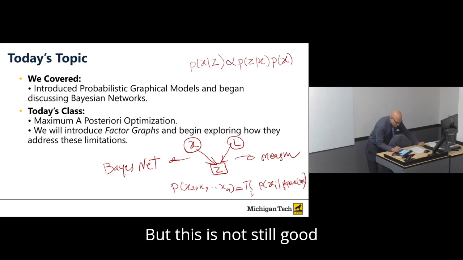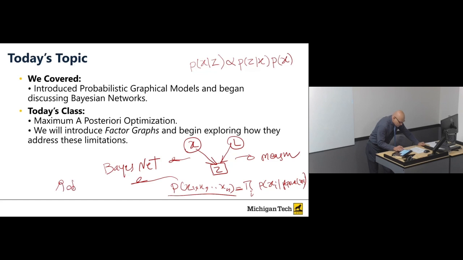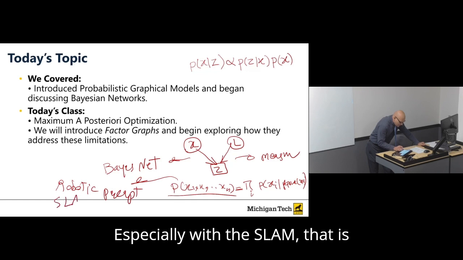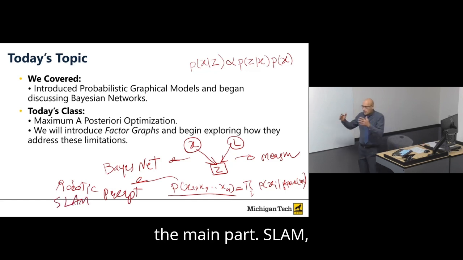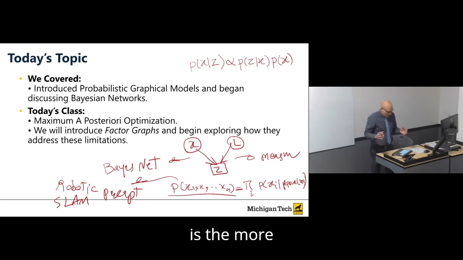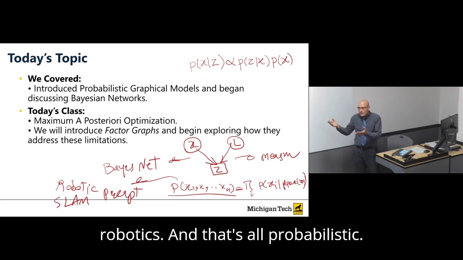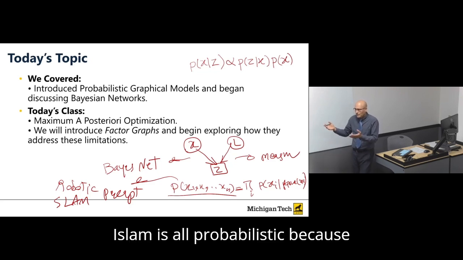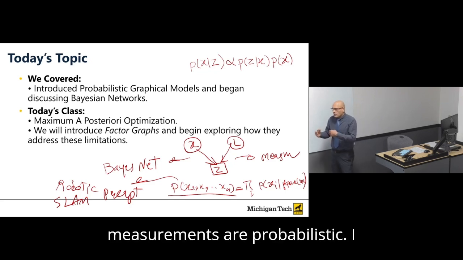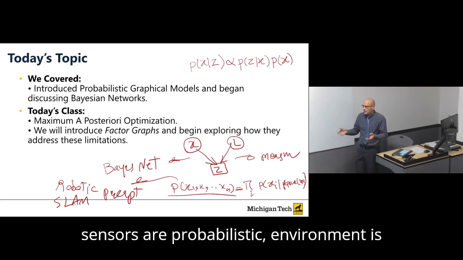But this is still not good enough for robotic perception, especially with SLAM. That is the main part. SLAM, simultaneous localization and mapping, is a more important part and the hardest part in robotics. And that's all probabilistic. SLAM is all probabilistic because measurements are probabilistic. I mean, measurements, when I'm talking about sensors, are probabilistic.